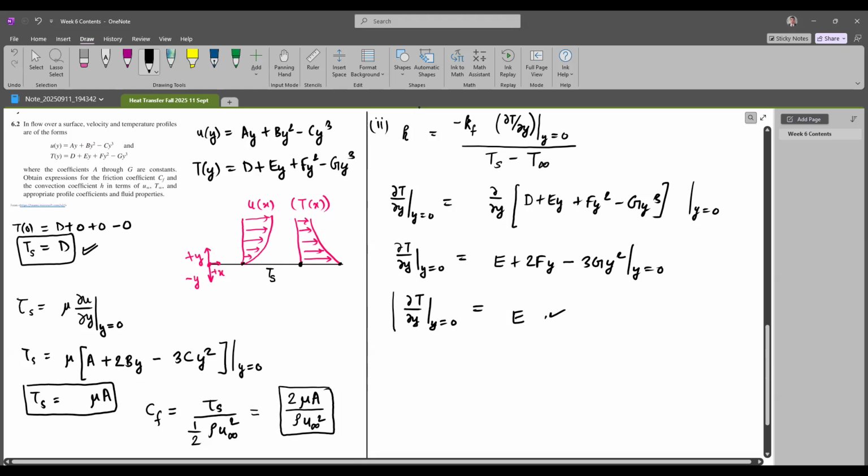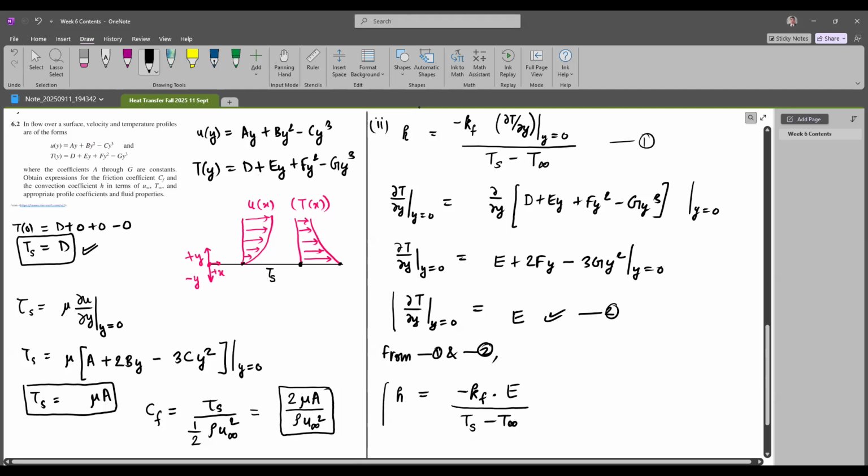So now if we use this, let's call this equation 2 and let's call this equation 1. From 1 and 2, we'll get h as minus k of the fluid times E, which is ∂T/∂y at y equal to 0, over Ts minus T infinity.